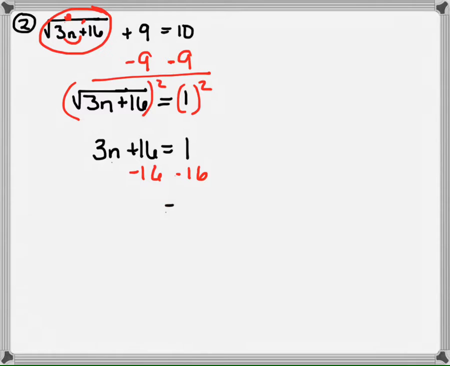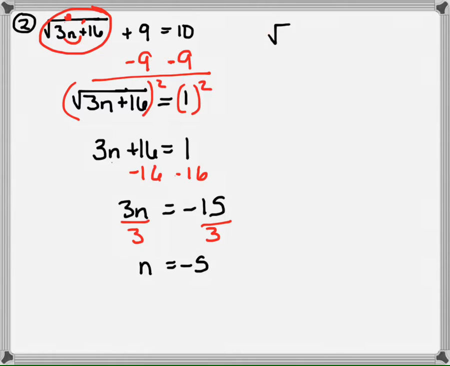And we end up with 3n is equal to negative 15. Now we're going to divide both sides by 3. And n is equal to negative 5.